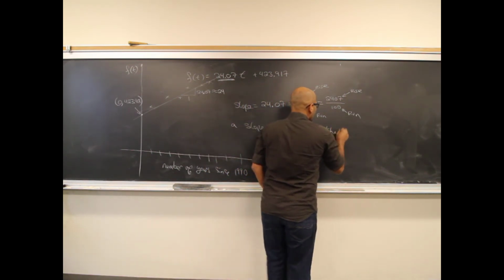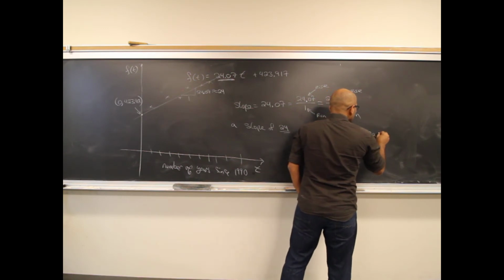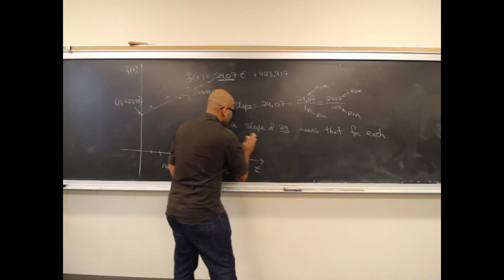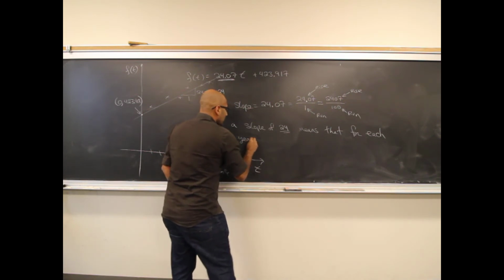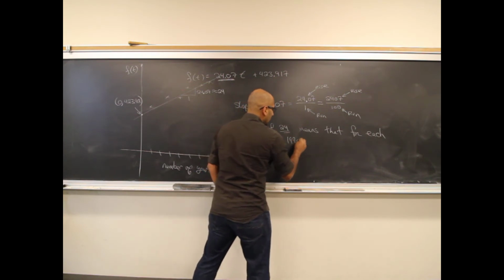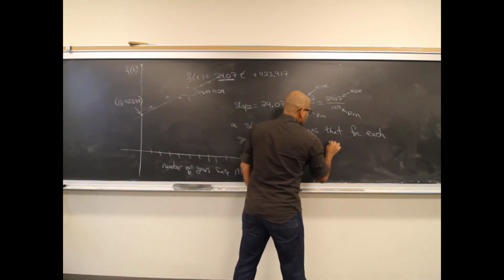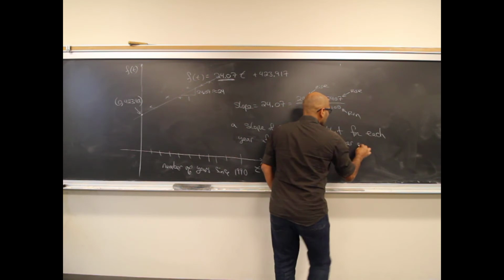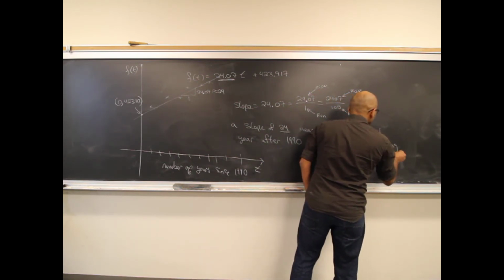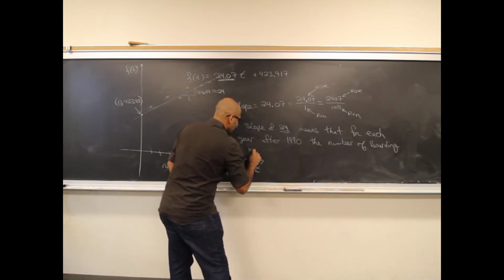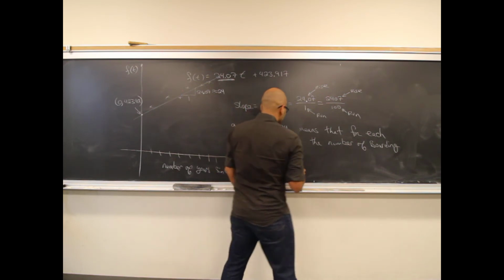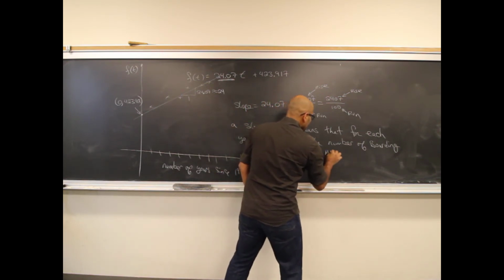So a slope of, let's say, approximately 24, means that for each year after 1990, the number of boardings increases by 24 million.